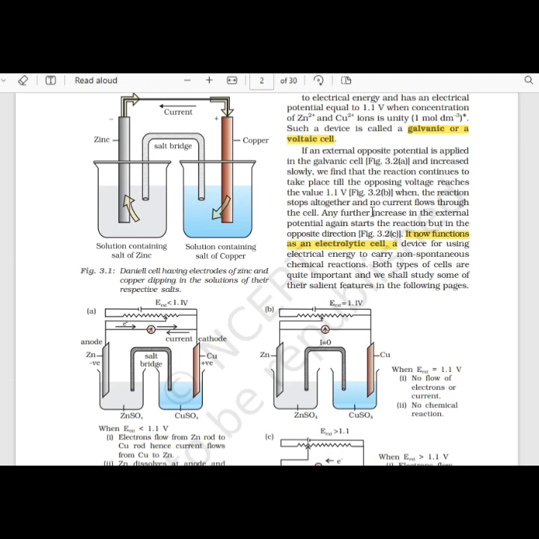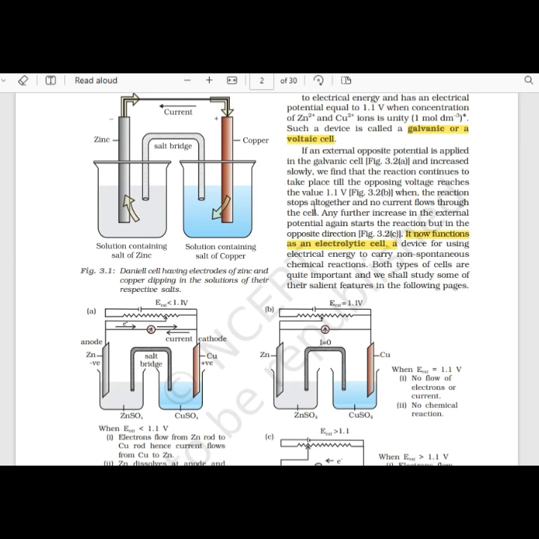So when this voltage of 1.1 volt, the potential difference between the two cells, is reached, in this situation no current flow of electron or current occurs, and no chemical reaction occurs, because on both sides the potential difference reaches its equilibrium, so no reaction occurs, and that's why no current flow occurs.